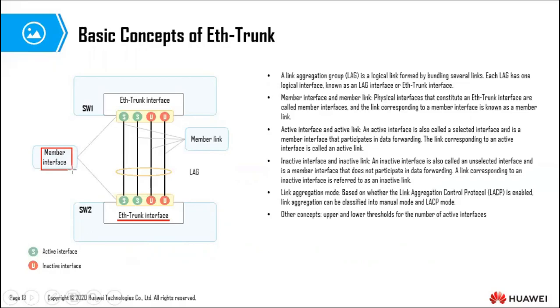Are we together? The links that are interconnecting the member interfaces, on the other hand, are called member links. And the logical pipe that you've created is called a LAG. LAG is link aggregation group.